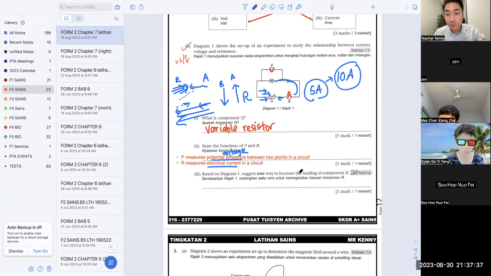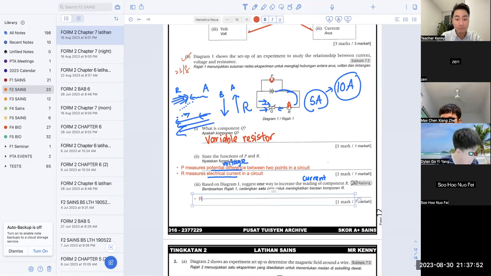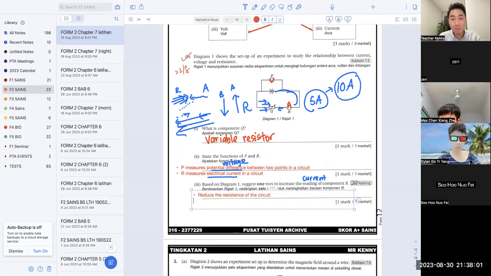So suggest one way to increase the reading of current. I reduce the resistance of the circuit. That is one. Now, how about voltage?